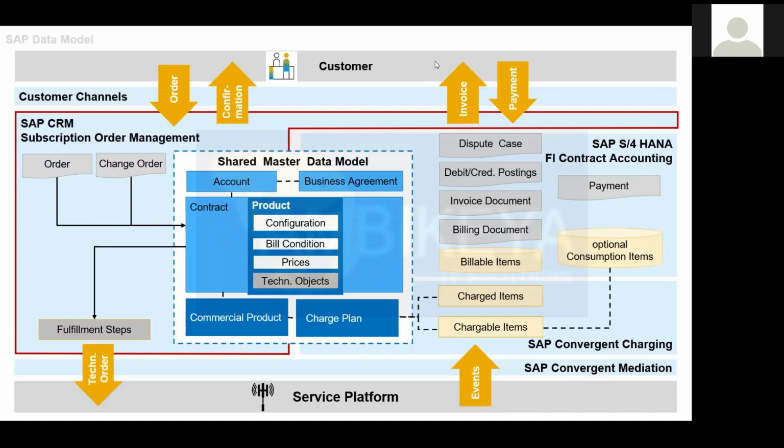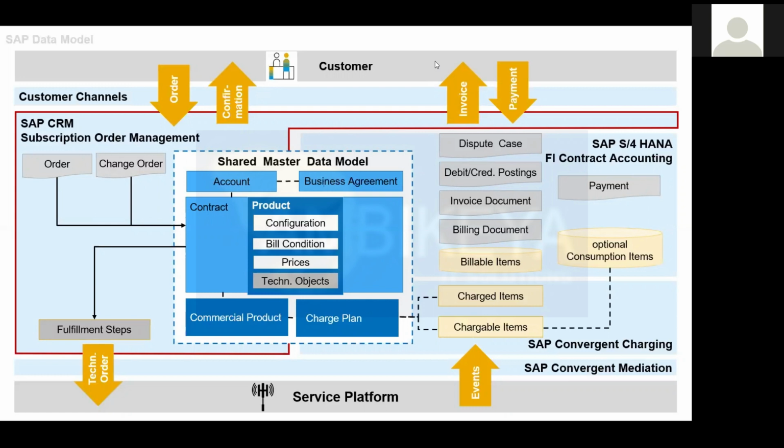We are speaking about the subscription contract and the distribution in the BRIM landscape. And we are also speaking about the products, like product bundles. We are speaking about the configuration, the setup of the configuration, about different bill conditions. We are speaking about price modeling, and also about technical objects.